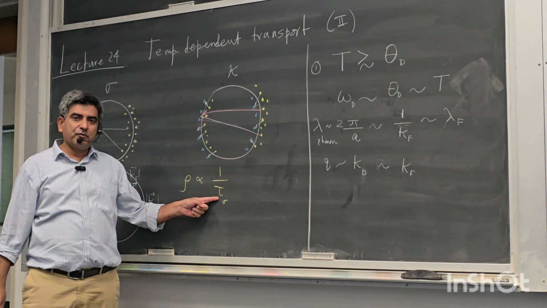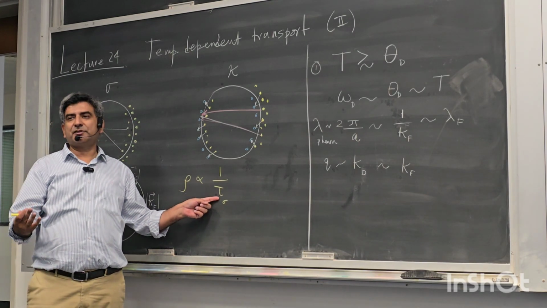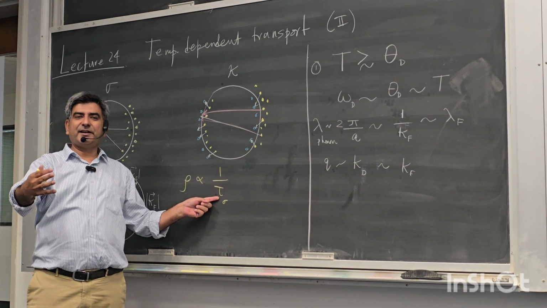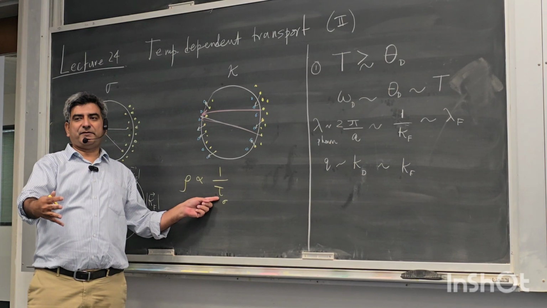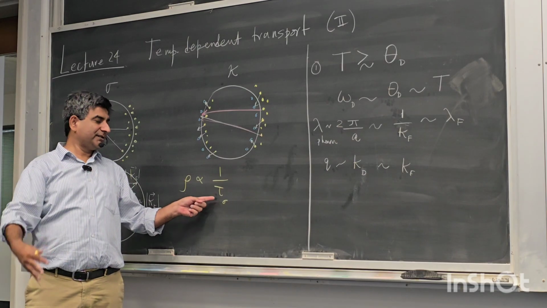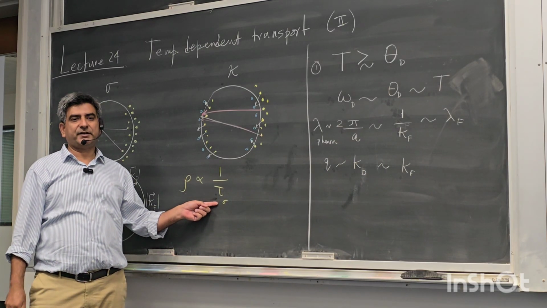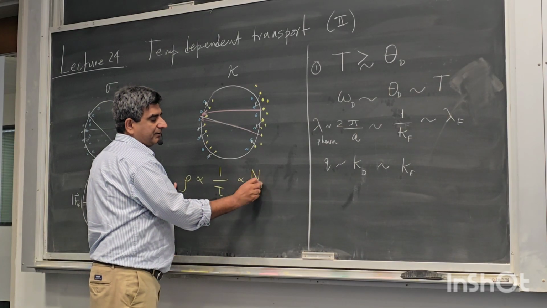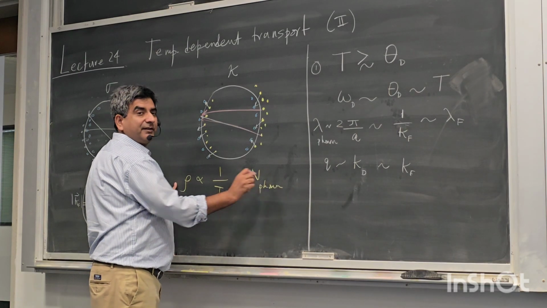So this tau will be inversely proportional to the number of phonons, because the higher the number of phonons that are available of the correct energy, of the correct wave number, of the correct wavelength, the smaller will be the scattering time. So rho is proportional to the number of phonons that are available, right?